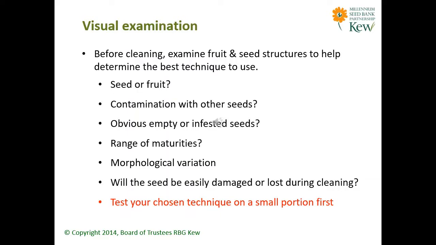Are there any obviously empty or infested seeds? Do you have a range of maturities amongst the seeds, or are they all the same? Is there any morphological variation? And will the seeds be easily damaged or lost during cleaning? The best thing to do once you've chosen your technique is to try it out on a small portion first, before expanding it to the whole collection.